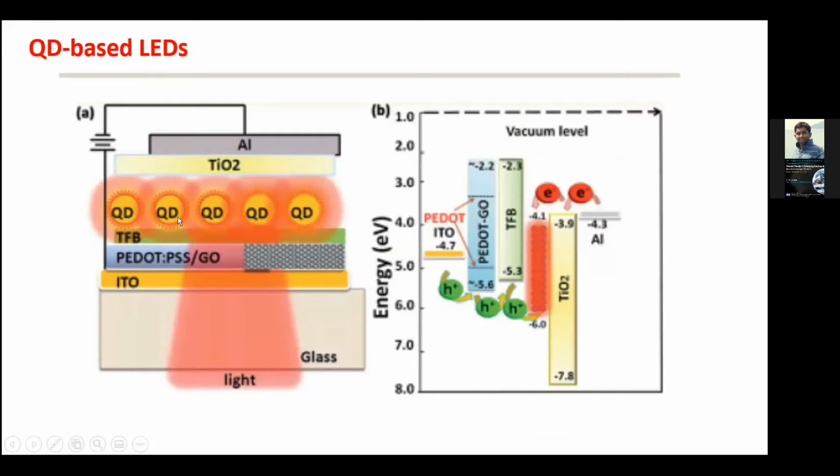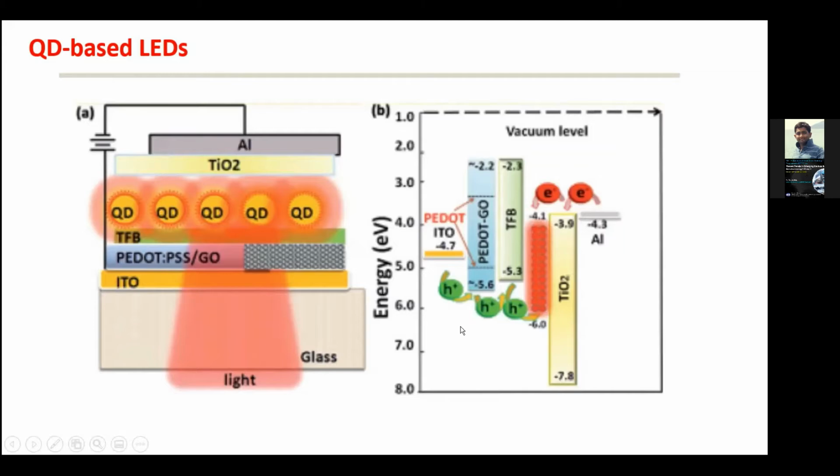So you have quantum dots on the surface of the film, and then you have an n-type layer. It could be TiO2, it could be zinc oxide, it could be another polymer film, and then another contact of aluminum. So when you give a voltage, the electron and hole recombine through this. When they recombine, it emits light. So that light passes through the ITO side.